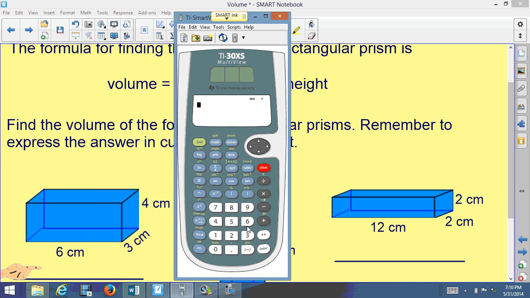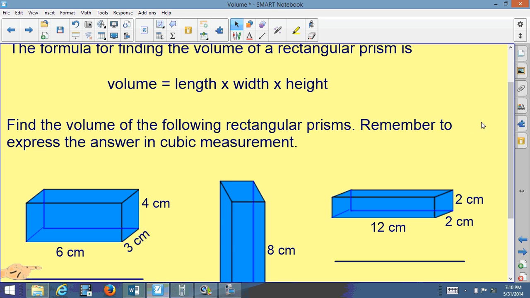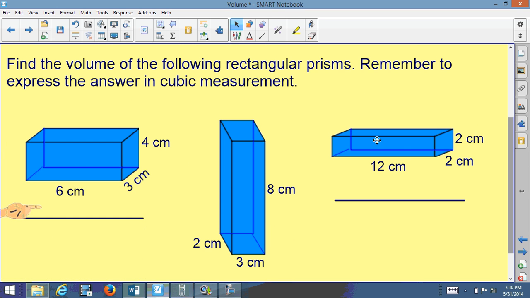So we have our side 6, which is the length, times 3, which is the width, times 4, which is the height, and that'll give us 72. So our volume of this first rectangular solid will be 72 cubic centimeters, sorry.